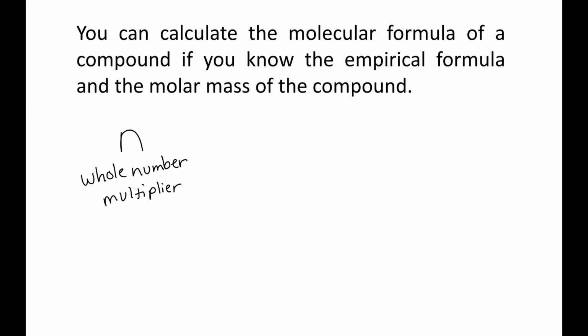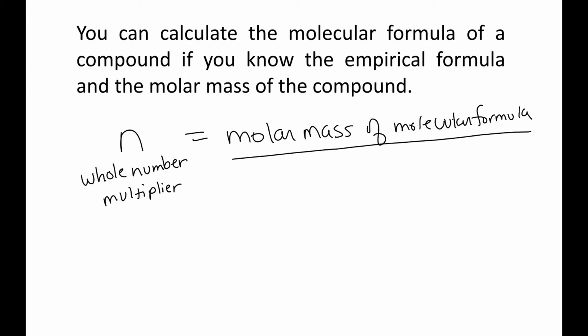This is the number that we're going to be multiplying each element by. You calculate that by taking the molar mass of the molecular formula over the empirical formula mass.